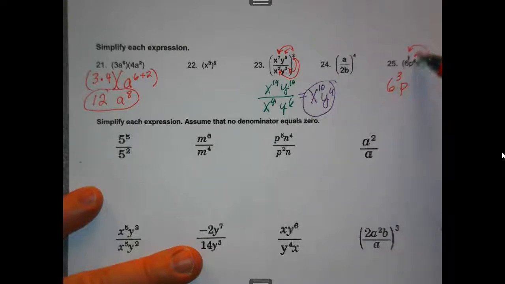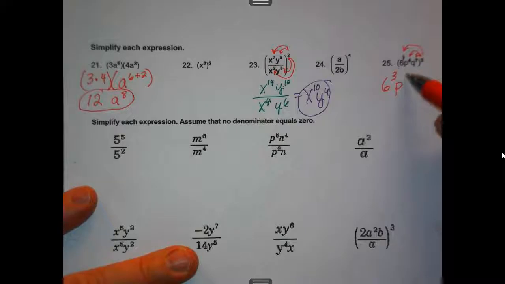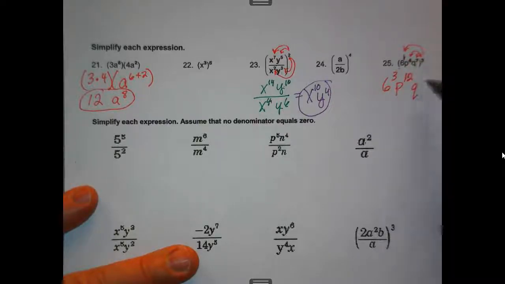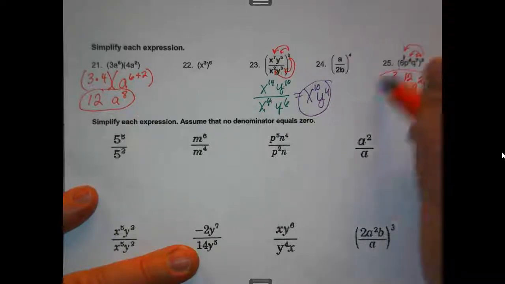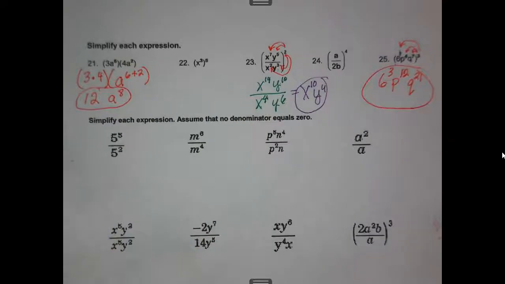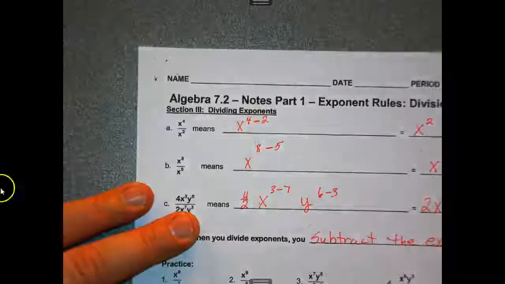P to the 4 times 3 is 12. And Q to the 7 times 3. All right, you guys do the evens for practice work.